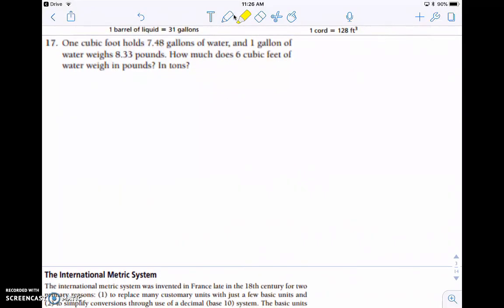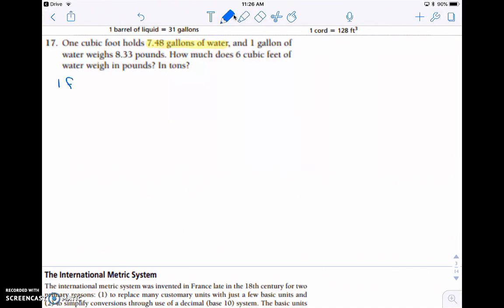Okay, so as we're extending our unit analysis, we're just picking up where we left off in our last unit, and adding a little bit more to that. So this problem says that 1 cubic foot holds 7.48 gallons of water.